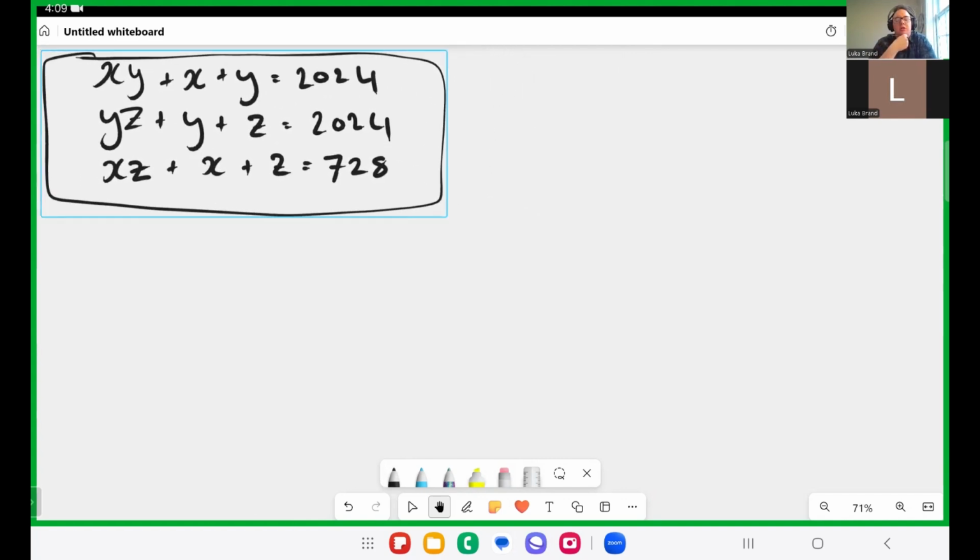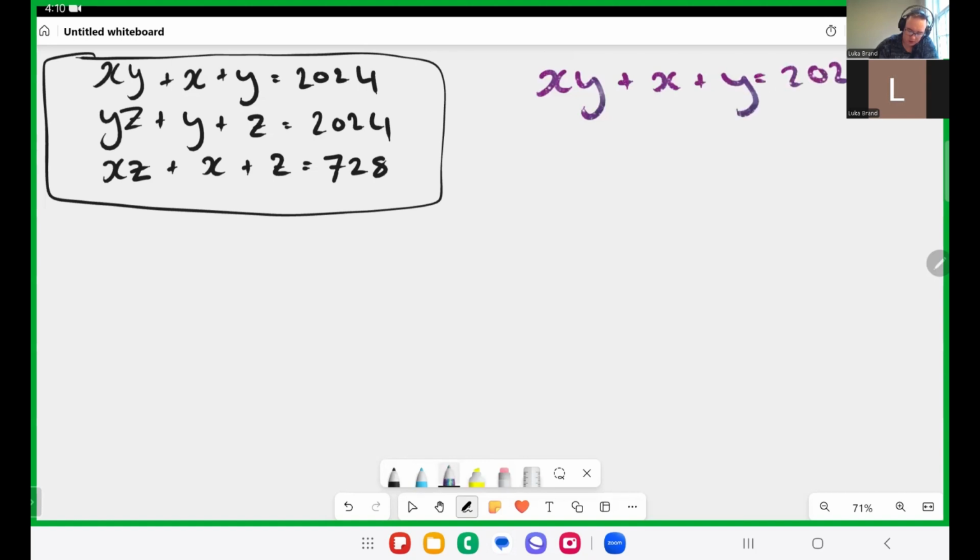I have done this question a few times to work out the best approach. The best approach for me is going to be to add these equations together. Let's remember that we can do anything we want to an equation as long as we do the same thing to both sides.